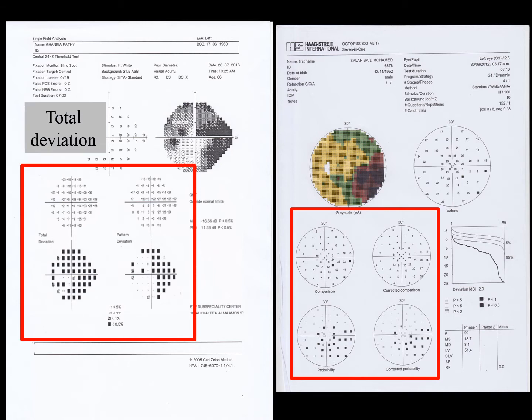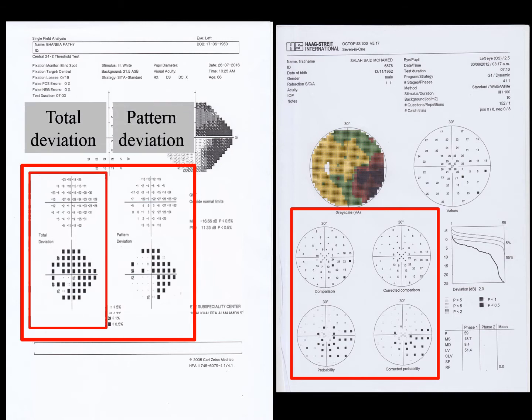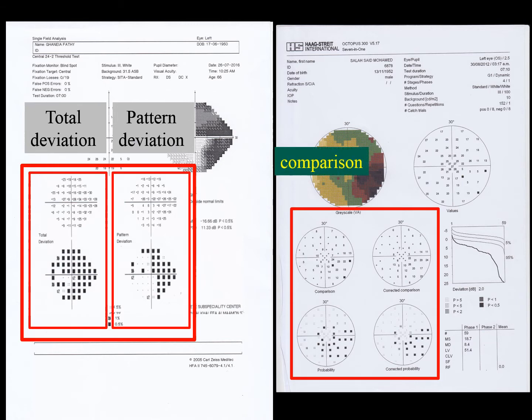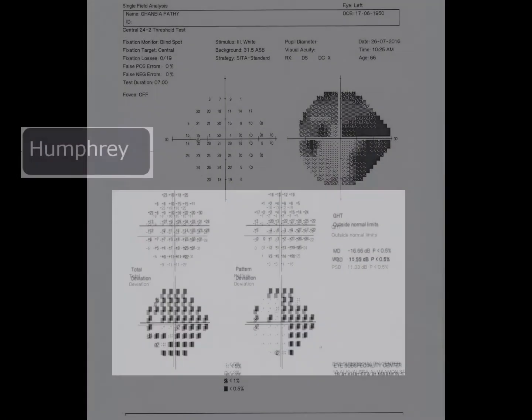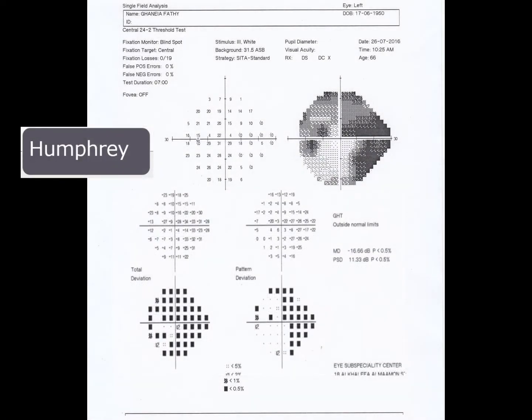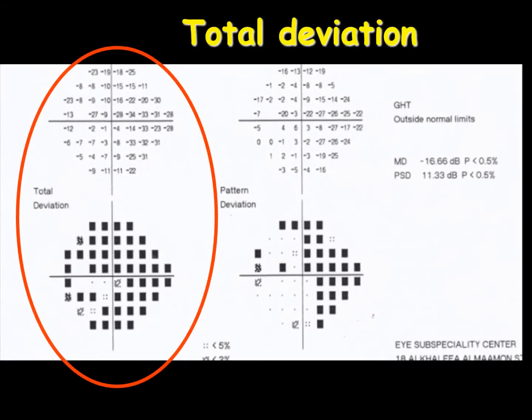Next, you need to check for the total deviation, pattern deviation in case of Humphrey, or comparison, corrected comparison in case of Octopus. Here is the total deviation.